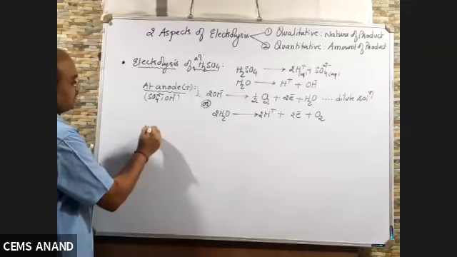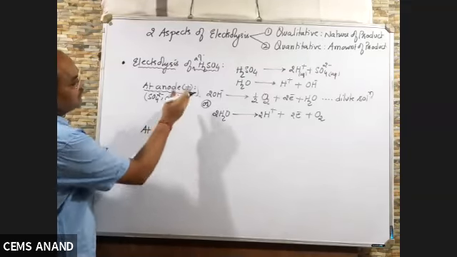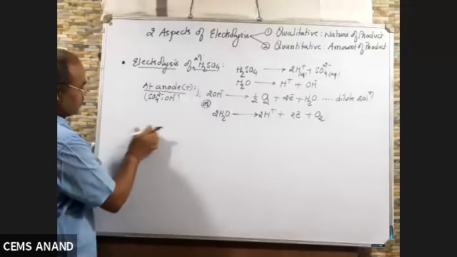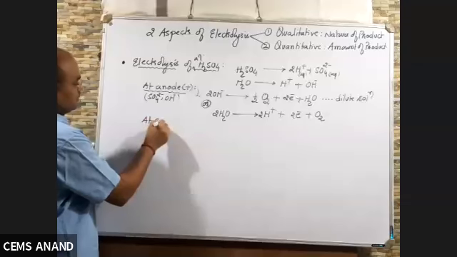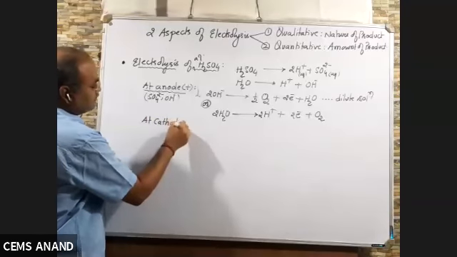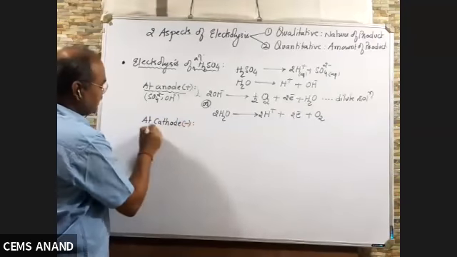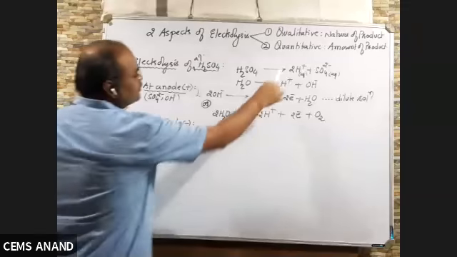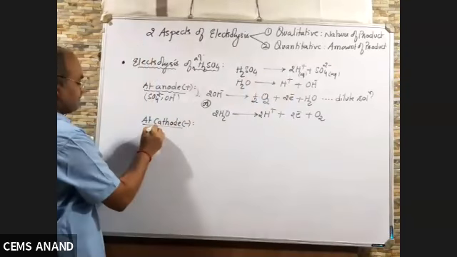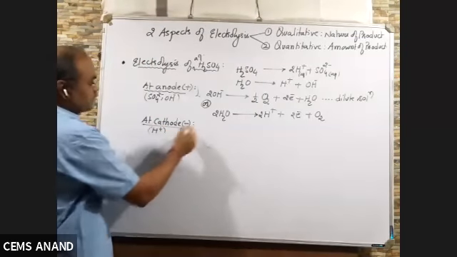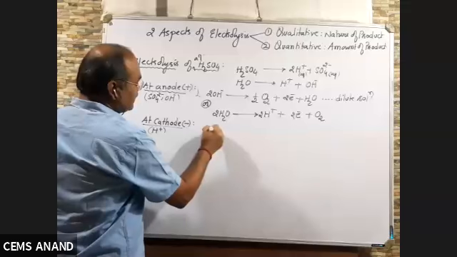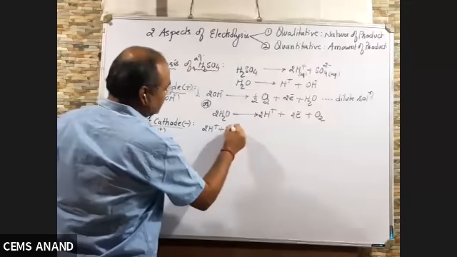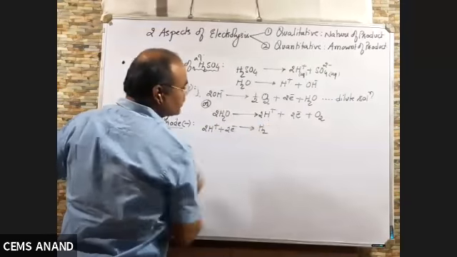And if you want to write the product at cathode, you can. Cathode is negative. So in both cases it is H plus. So no question. You can write 2H plus takes 2 electrons and gets deposited as H2 gas.